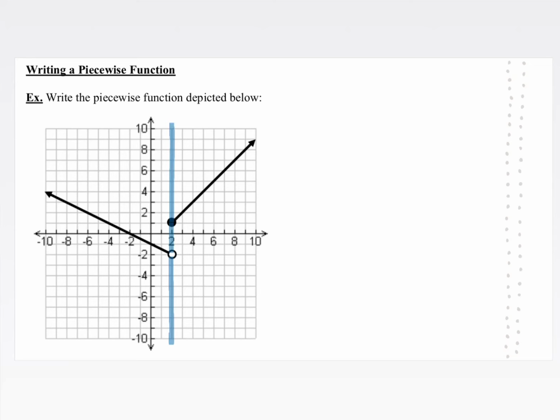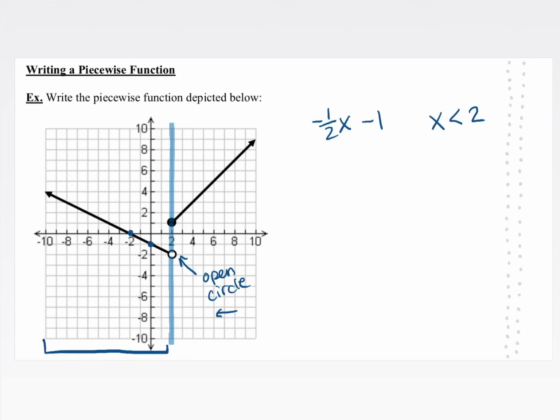So if we have our graph on the left-hand side, let's do it in blue, this has an open circle, and we're moving to the left, so that means it has to be when x is less than 2, because we're covering all of these values that are smaller than 2. Then we can determine the graph of this line. So our y-intercept right here is -1, and our slope, we count up 1 to the left 2, up 1 to the left 2. So this is a negative slope, this is going to be -1/2 x.